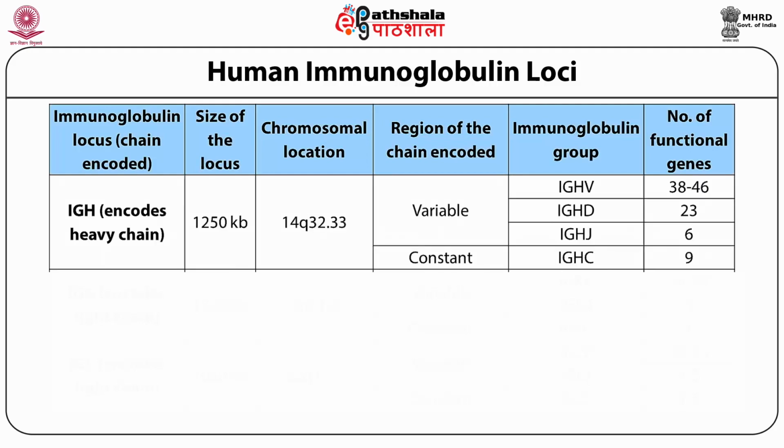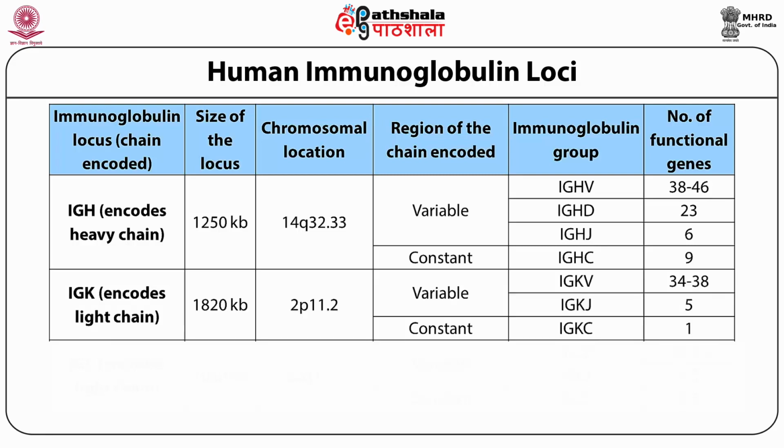The IgH locus is about 1250 kilobases in size, is located on the long arm of chromosome 14, and has 38 to 46 V genes, 23 D genes, 6 J genes, and 9 C genes.